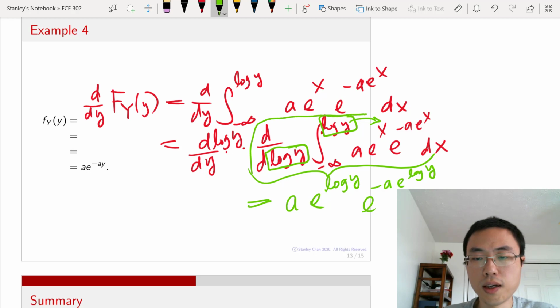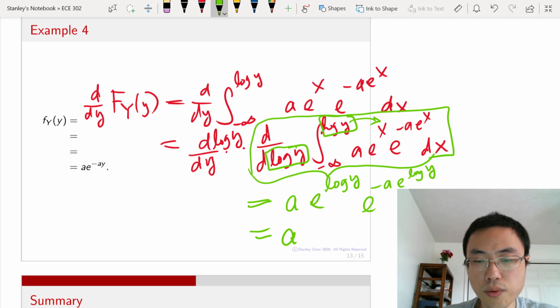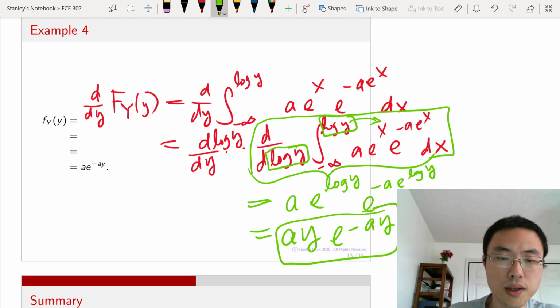This is the integral here. And then we can do some simplification. That will give you what? e to the power log y, so that is y. And then e to the power log y, so that's e^(-a y). Okay, so that is your expression.